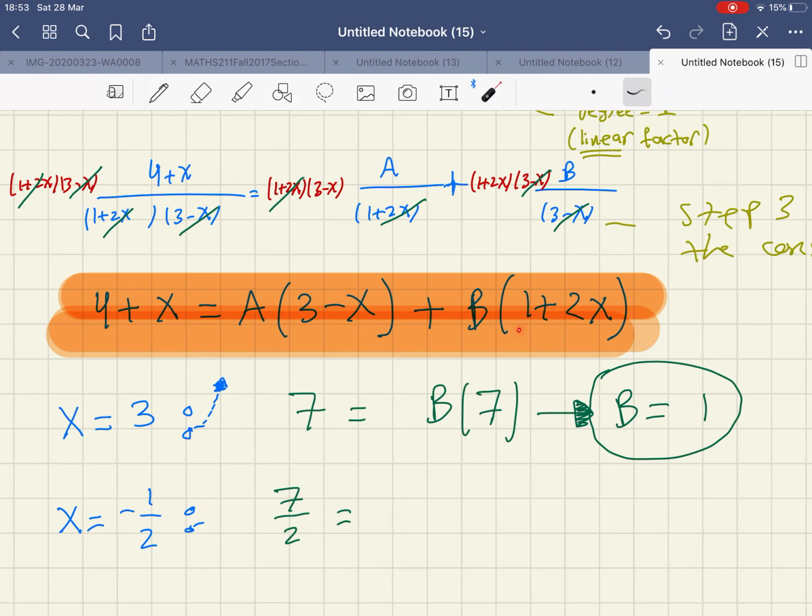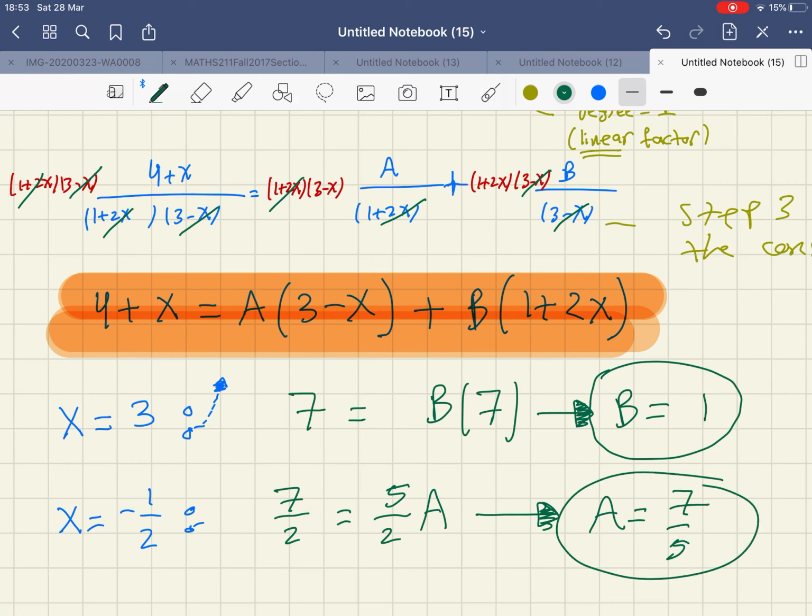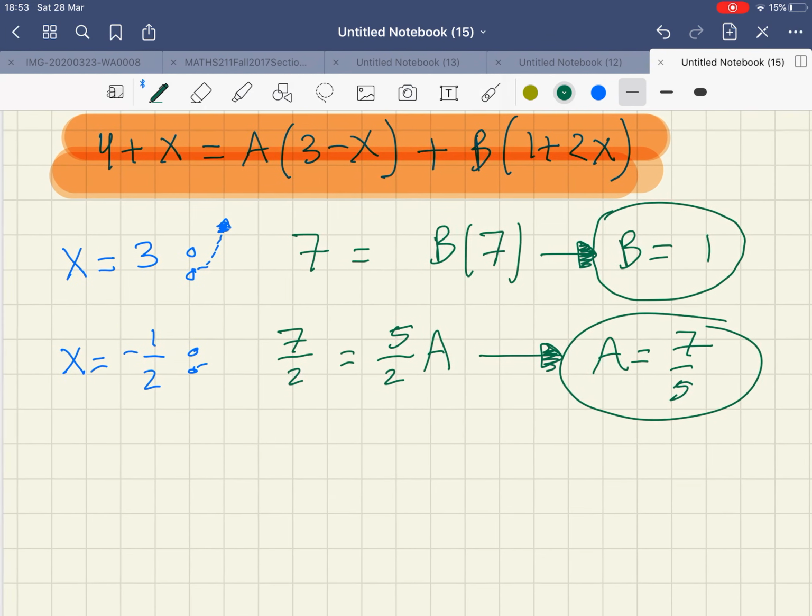If we substitute -half, this will be 0. 0 times b is just 0. Now, if we substitute -half here, we get 5 over 2, I believe. Okay, easy peasy. Your a will be 7 over 5. And those are the 2 answers you will get.